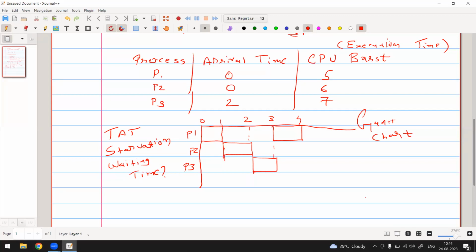So we have to try to reduce the turnaround time and waiting time, also try to reduce the starvation and increase the throughput and overall CPU utilization, right? So this is the overall idea of the process scheduling.